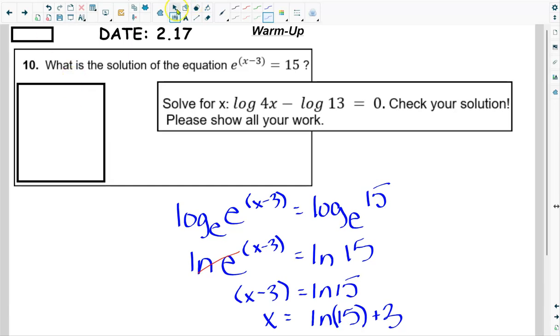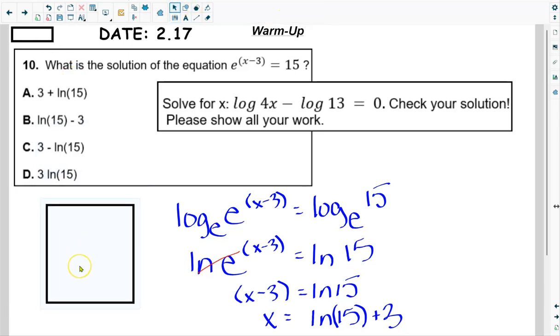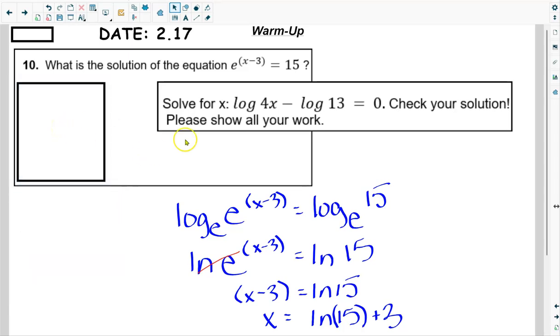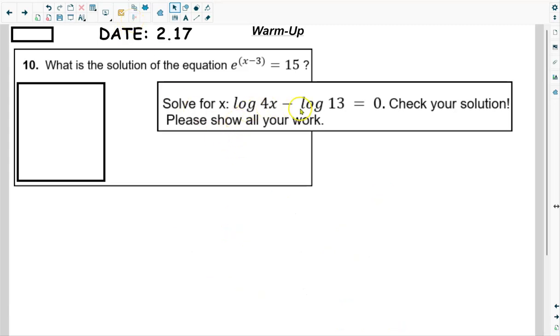Okay, so let's take a peek. Natural log 15 plus 3. All right. And of course, we've seen natural log. So if you're honest, this is something that we've definitely covered. All right. Let's look at this scenario.